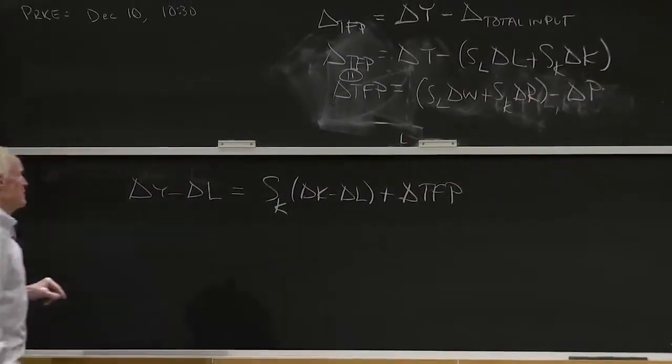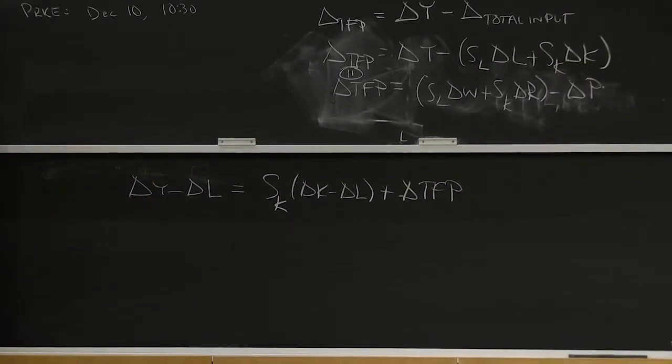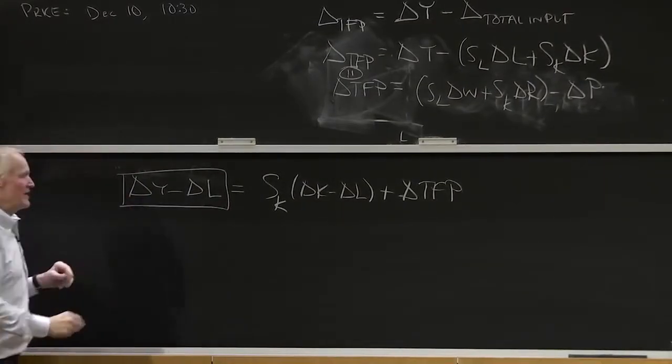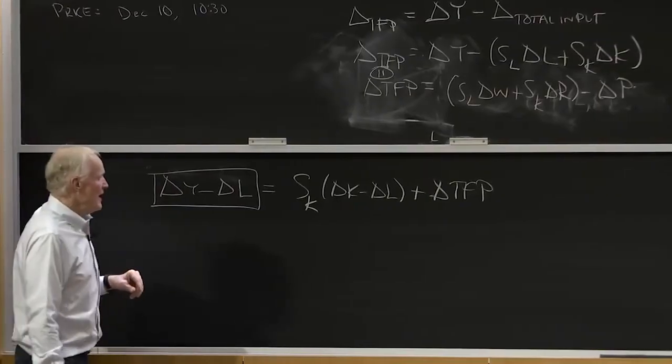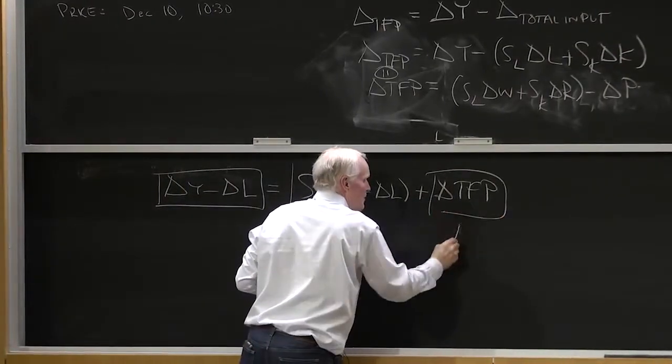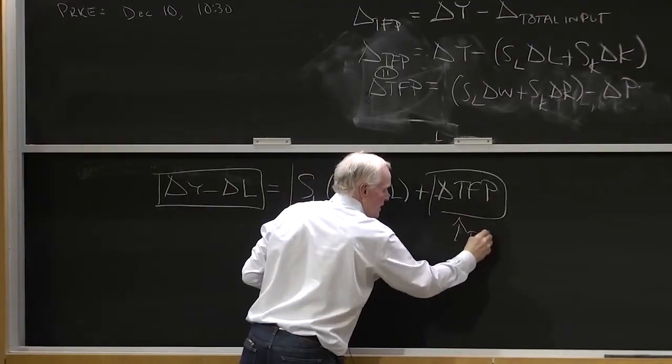You can verify my algebra if you want, but this is exactly the formula we were talking about. This is growth in labor productivity. Growth in labor productivity has to be equal to technological progress. That's my number 2.